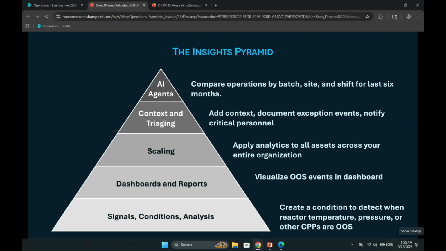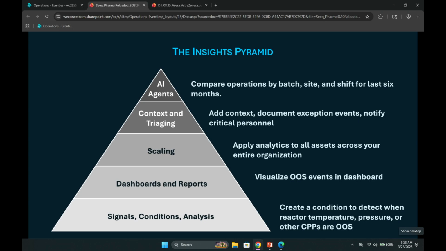And so what do the insights really look like as you build them from the bottom up here? Well, it starts from building those signals, conditions, analysis. You may create a condition detecting your temperatures, pressures, whatever process parameters you're looking at. We then build out the dashboards and reports to see when those out of specification events are happening in those dashboards and reports. We begin scaling those across all of your assets across your entire organization.